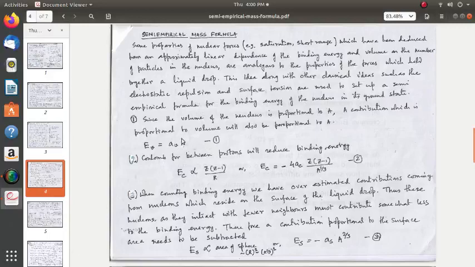Here we get an inverse proportionality to A to the power 1/3, and it is directly proportional to Z squared. There is also a linear dependence on Z, but we will see that the coefficient is very small, so dominantly it is a Z squared dependence. The Coulomb energy dominantly depends on Z squared by R.